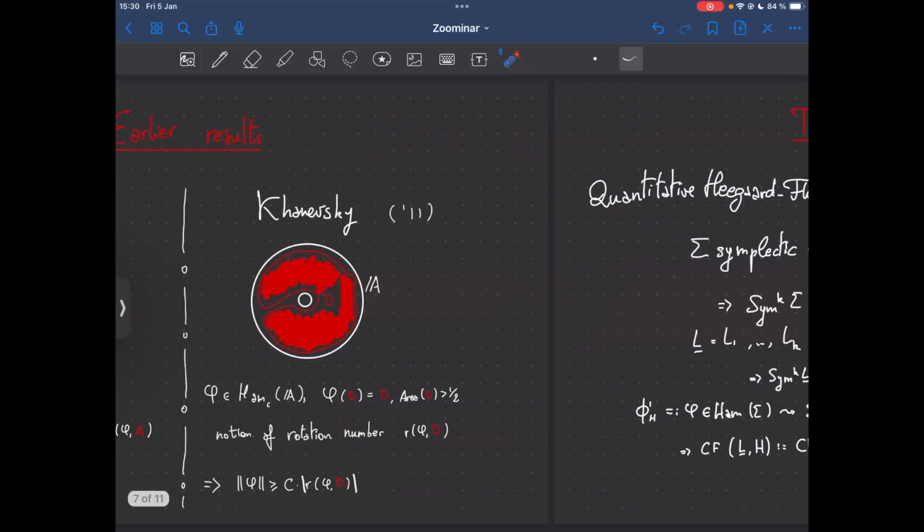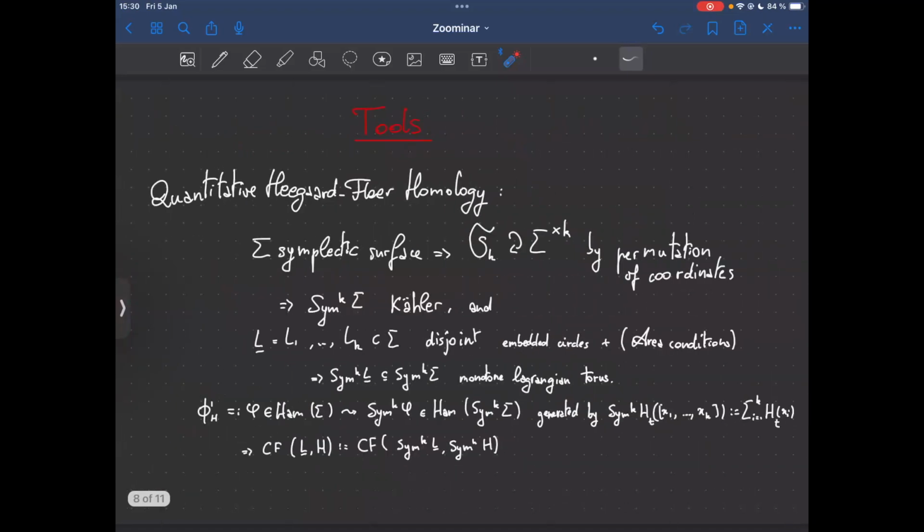Okay, now the tools we use, as announced in the title of the talk, come from Quantitative Heegaard-Floer Homology, and in particular, they are the associated spectral invariants and quasimorphisms. So Quantitative Heegaard-Floer Homology is a Lagrangian Floer theory on Lagrangians in symmetric products.